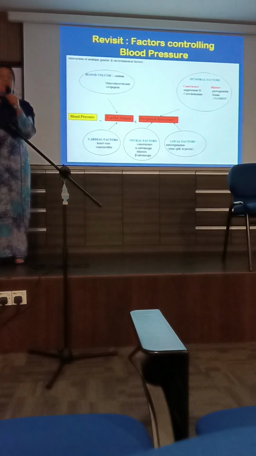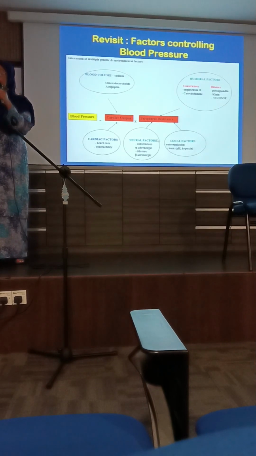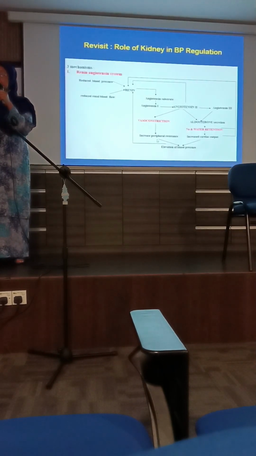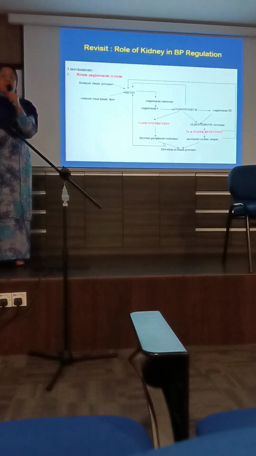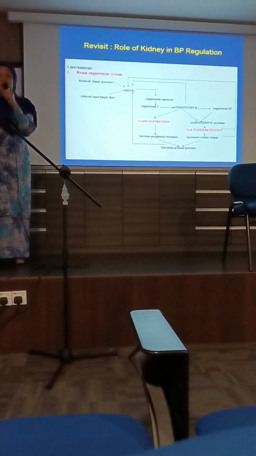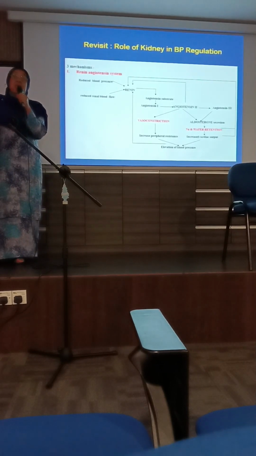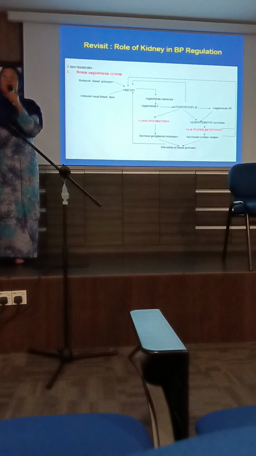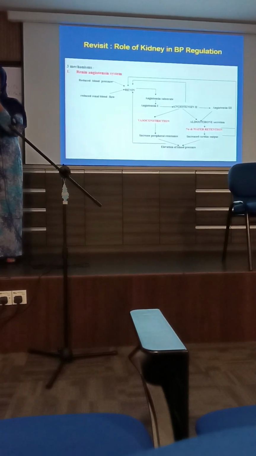Now this is just a reminder for you of what you've learned in the previous year. We know that the kidney is very important in controlling blood volume. You have your mineralocorticoids, but the kidney is the site where sodium goes out and sodium goes back into the body.